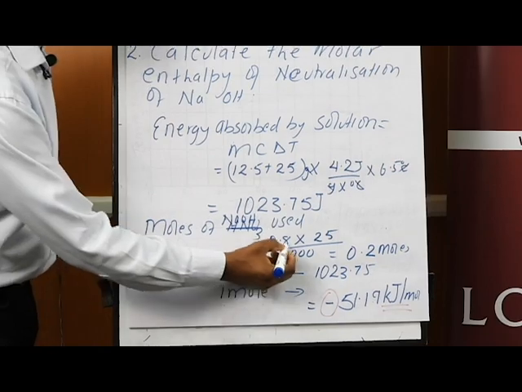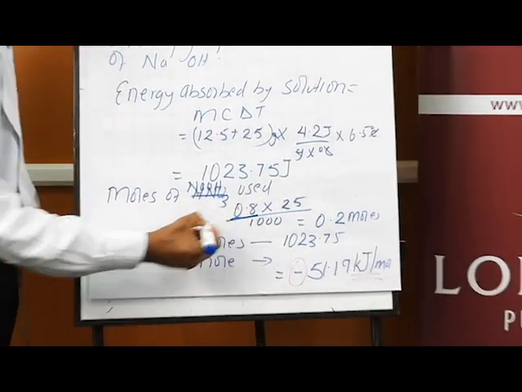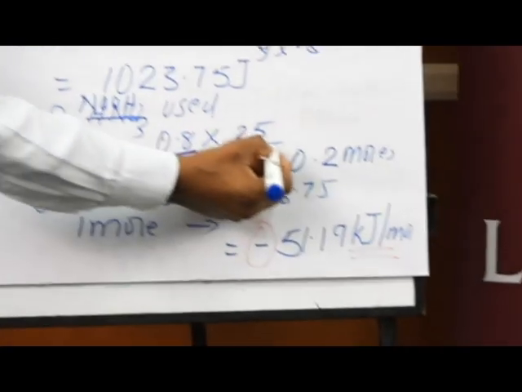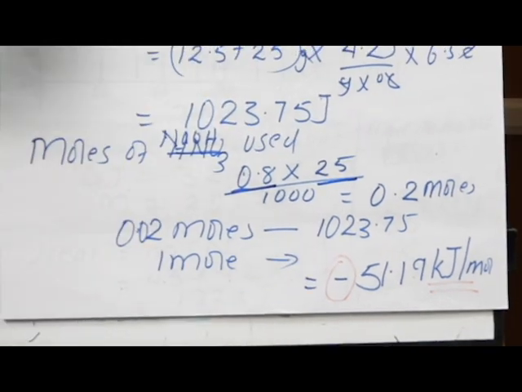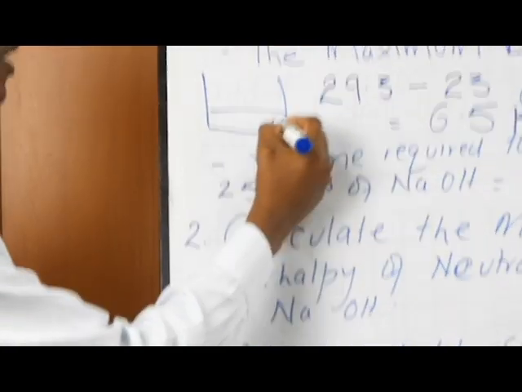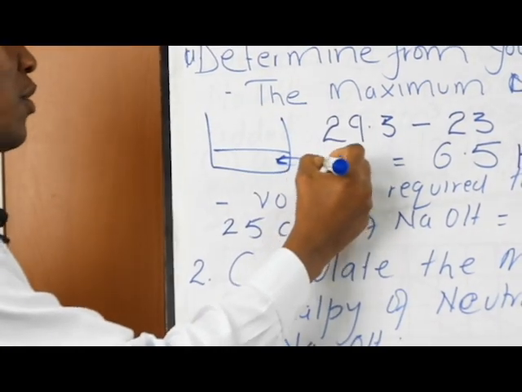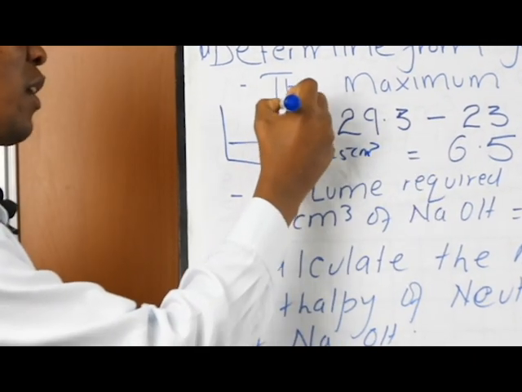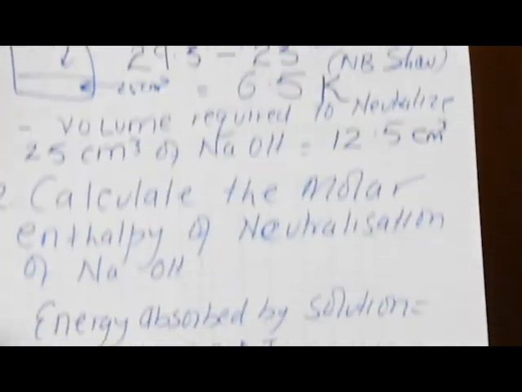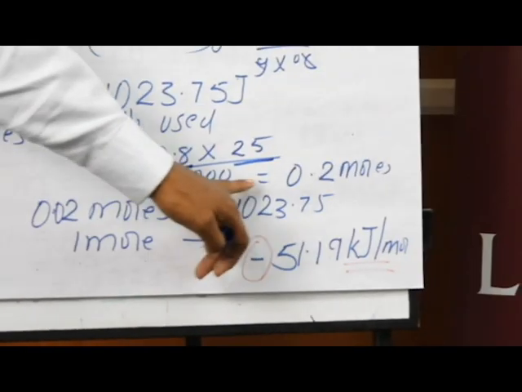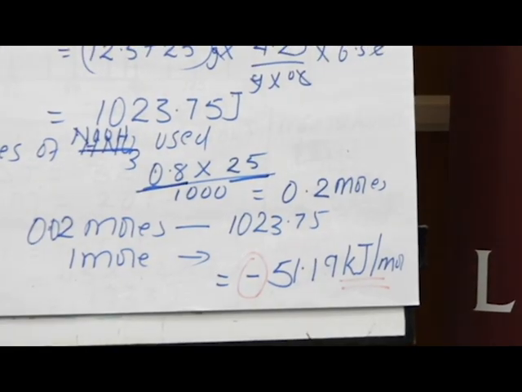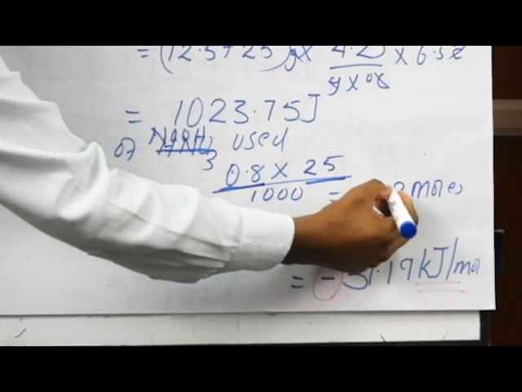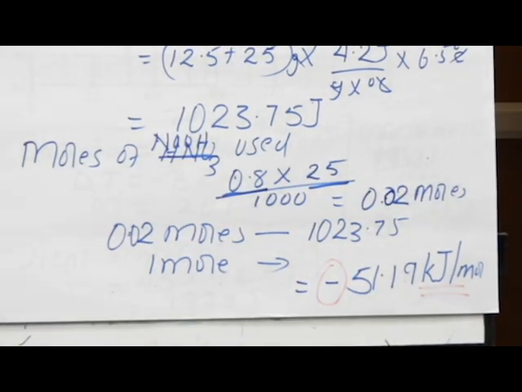I was told it was 0.8 molar, and I used 25. Remember, in that conical flask, the beaker, I had 25 cubic centimeters. That's what I was adding in 5 cubic centimeter portions. So the moles used should come to 0.02 moles.